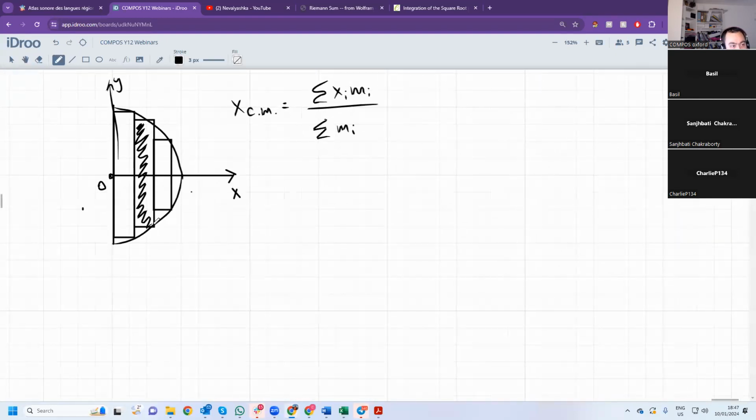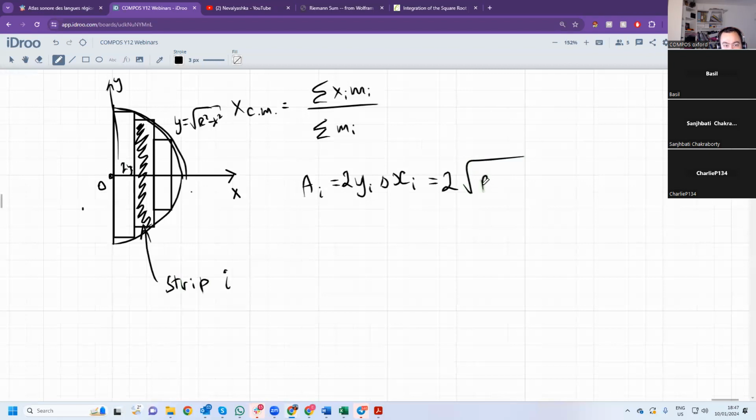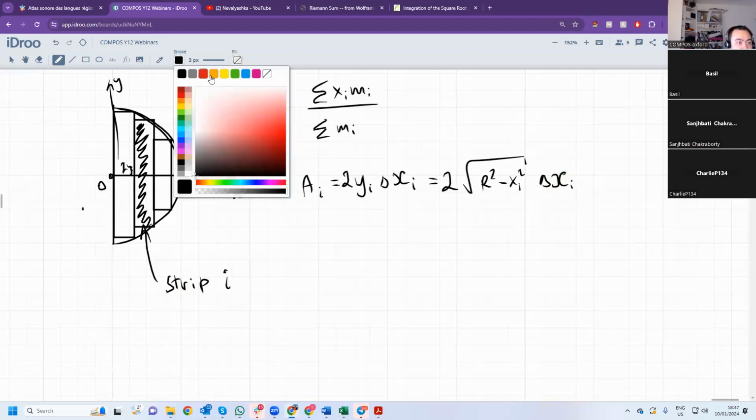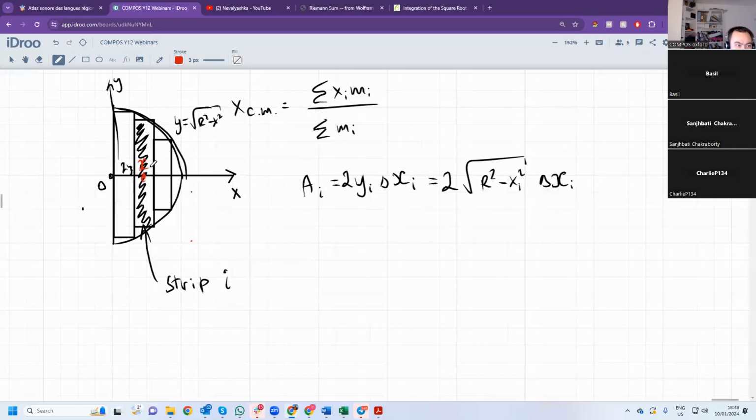So the area of strip i: the function is y equals the square root of r squared minus x squared, and the height is 2y, so the area is 2 square root of r squared minus xi squared, delta xi, where x is the position of the strip. For simplicity, let's say it's the middle of the strip.